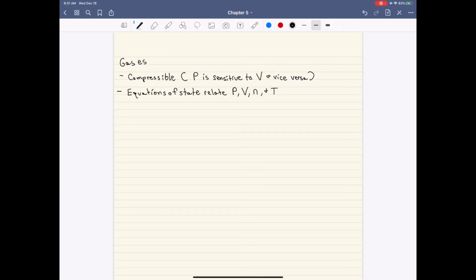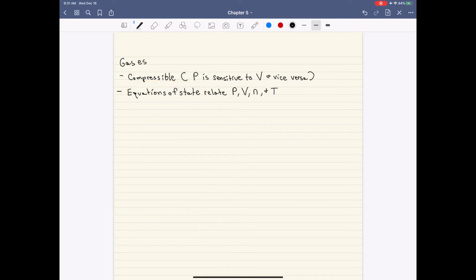Okay? And so anytime you hear about equations of state, all that means is that it's some sort of mathematical formula that relates pressure to volume to moles and also to temperature. All right? But why can we do this? Why are we able to relate these four disparate variables to one another using an equation of state?